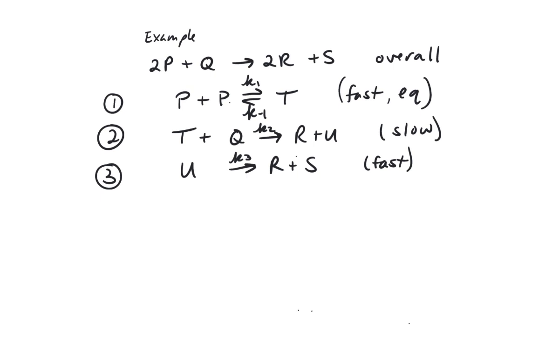So we are going to solve this problem just like we solved the other problem where we have a fast equilibrium first step and a slow second step. This third step in this case doesn't actually matter, okay? And so let's do some math here to determine the rate law.